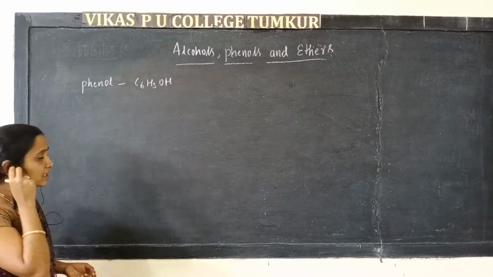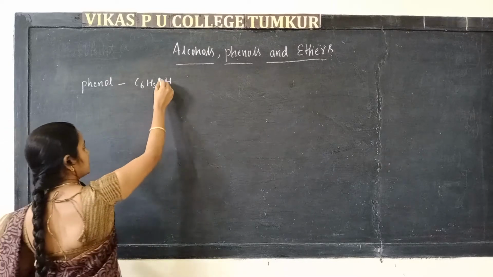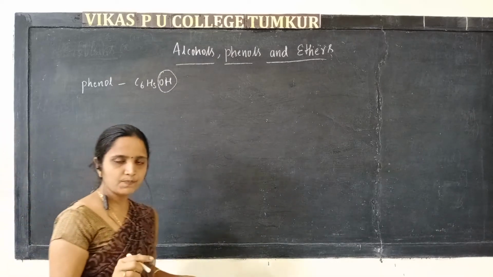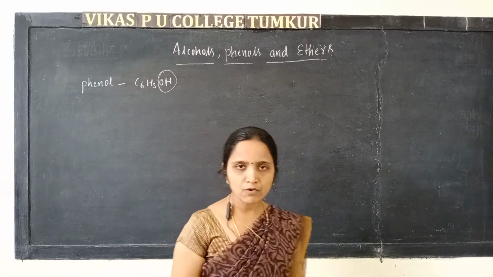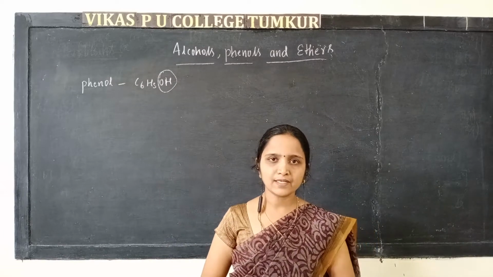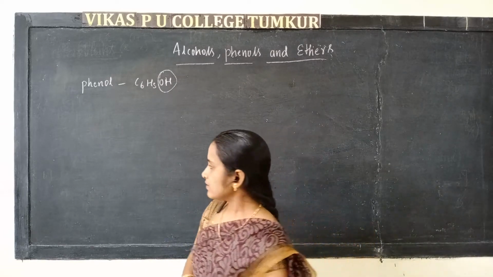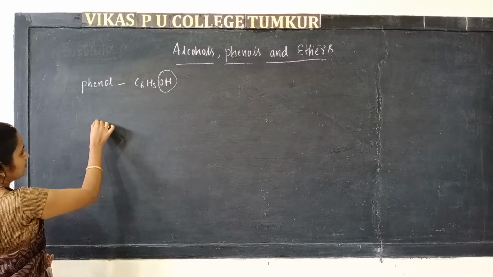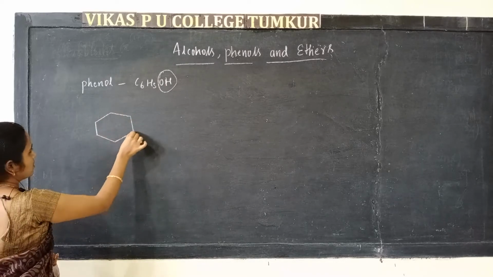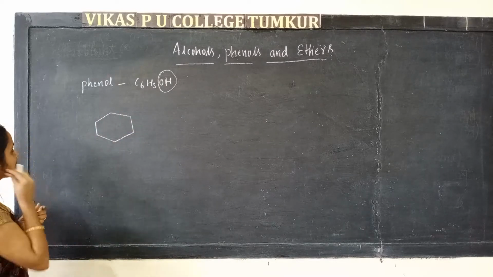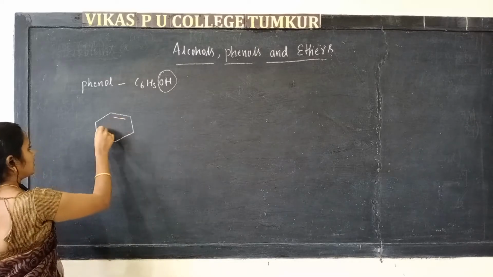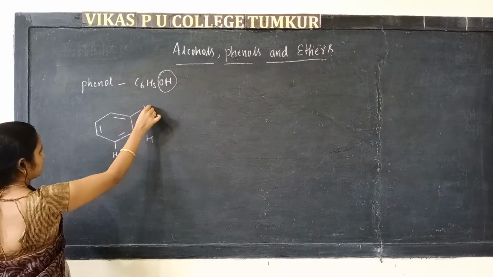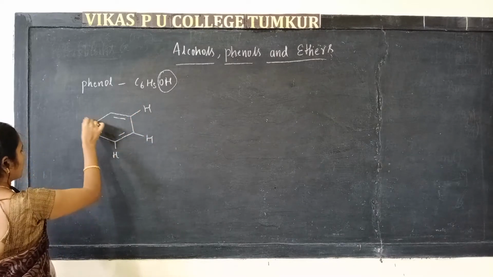In C6H5OH, the OH group is the functional group. This OH group is attached directly to the aromatic ring. Aromatic ring directly means the carbon which is sp2 hybridized. When the OH group is attached to the sp2 hybridized carbon, we call that a phenol.